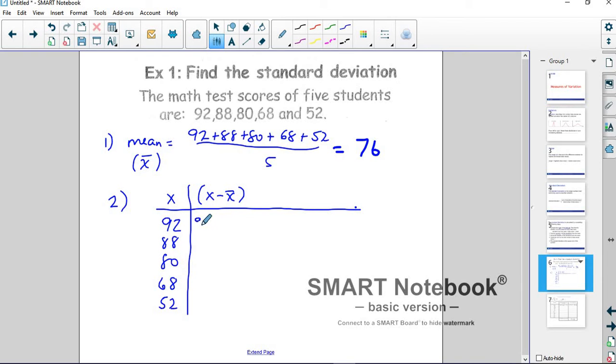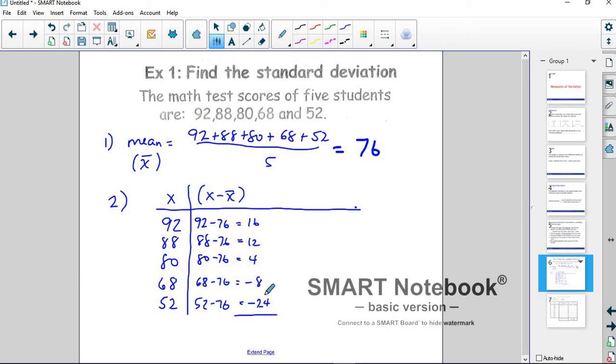So we take 92 minus 76, 88 minus 76, 80 minus 76, 68 minus 76, 52 minus 76. These are called the deviations. This is 16, this is 12, this is 4, this is negative 8, and this is negative 24.